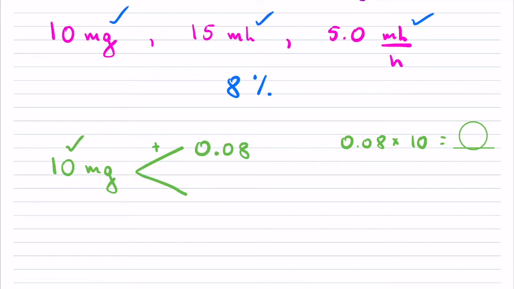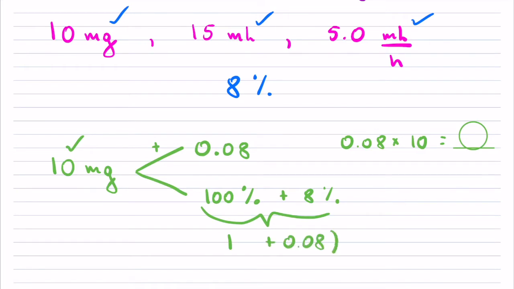Okay, so if you watch the original proportion video, and I'll link it here on top, then you will notice that, well, you can always take 100% of what you're starting with, which is the 10 milligrams, and then you can just simply add 8% to it. Now, this as a decimal is simply 1 plus 0.08.